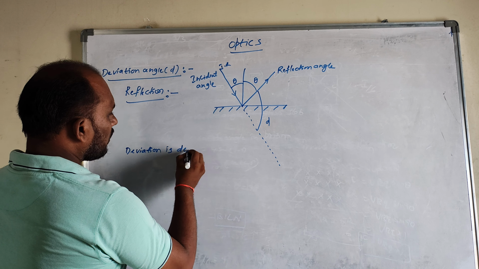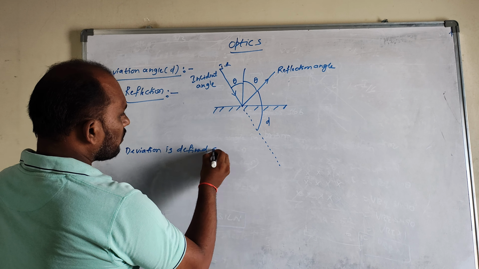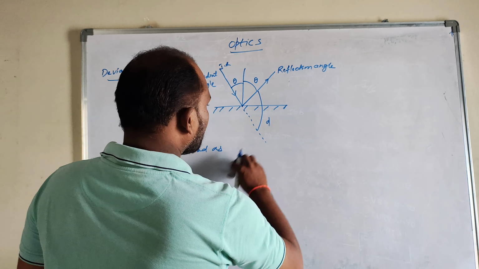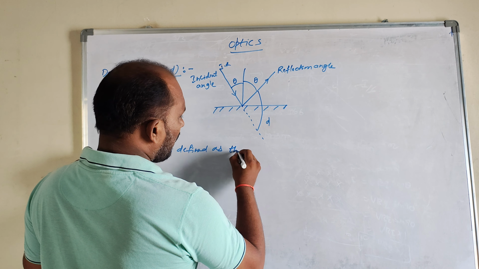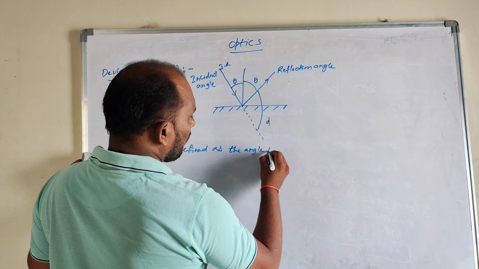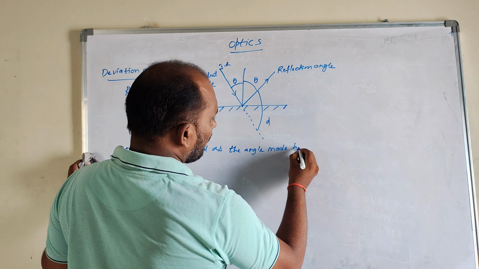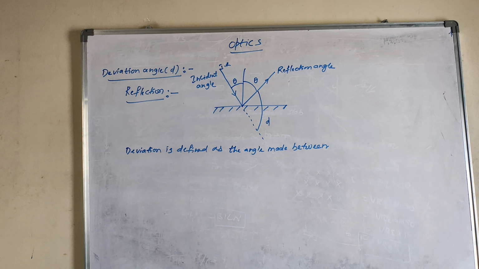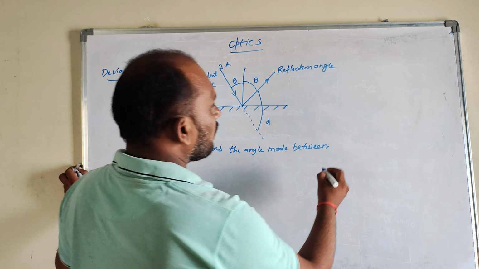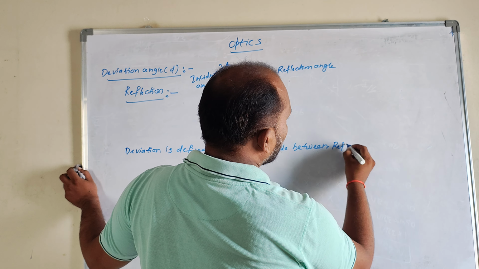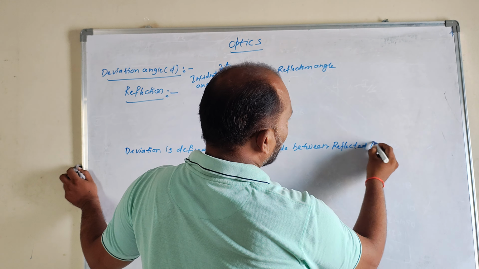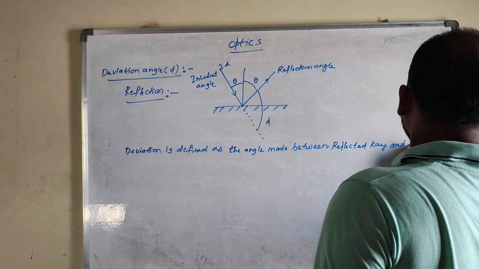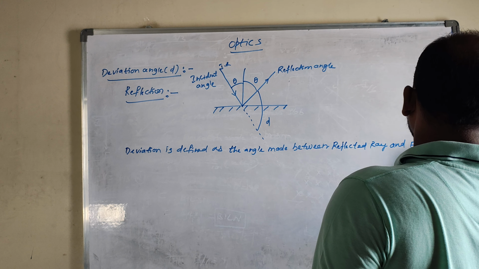Deviation is defined as the angle made between the reflected ray and the extended incident ray.